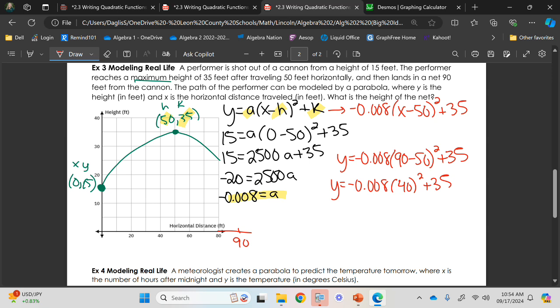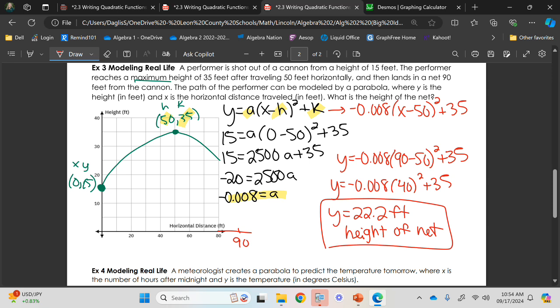So if you wanted to show all your steps, you can. So 22.2, that is the height of our net. 22 feet is height of net. There we go.